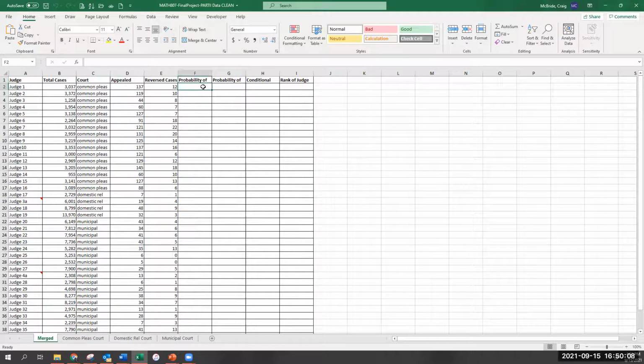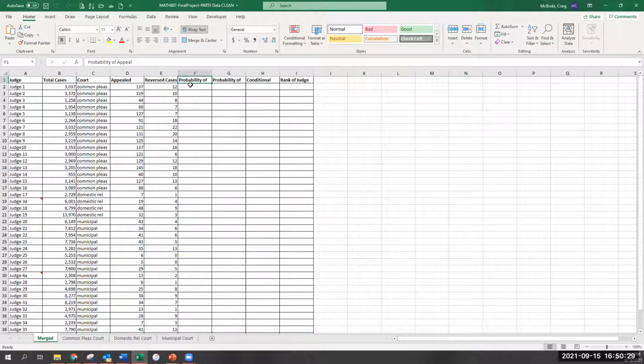For part 2, it's actually really simple. And again, if you watch any of my videos, I've done this a million times as well. It's super easy, especially in Excel, because you can write a very simple formula and then drag to populate all of the other cells. So this column here is probability of an appeal. Now remember, probability is just good over total.